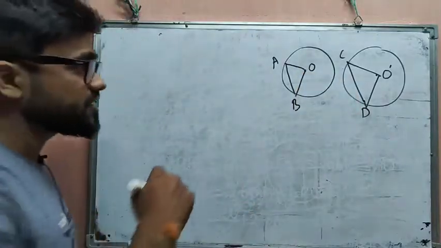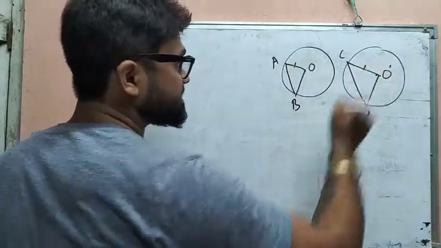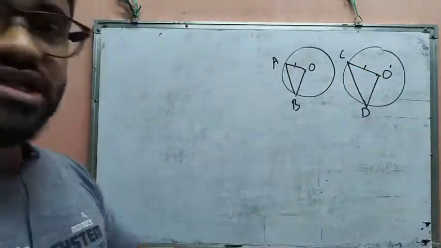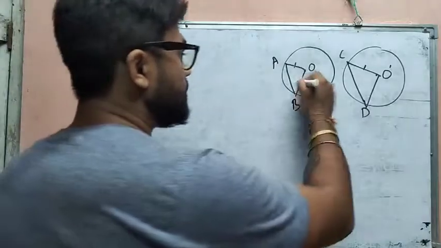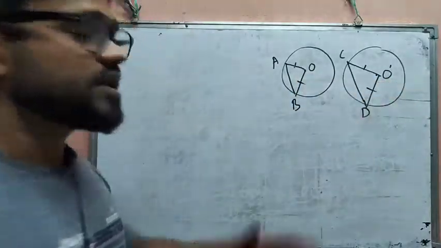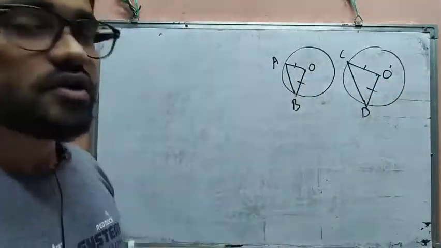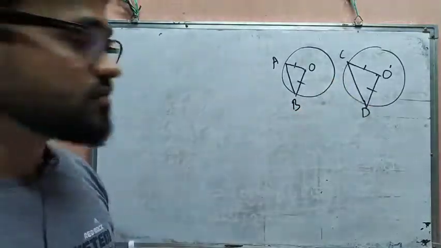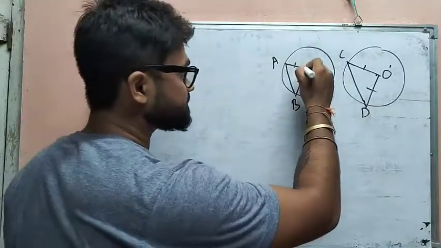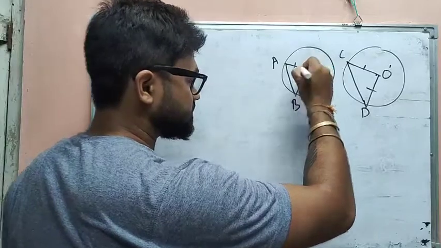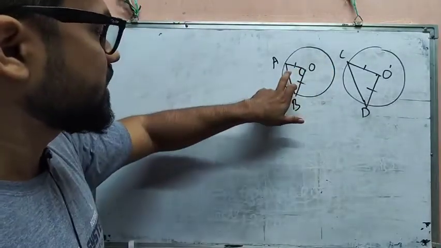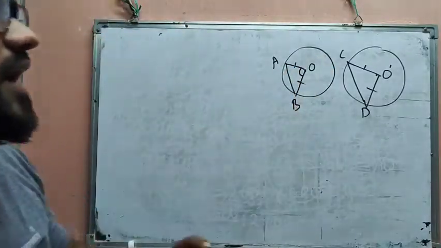First, OA equals O dash C, because they are radii of two congruent circles. OB equals O dash D, also radii of two congruent circles. And lastly one angle, angle AOB.